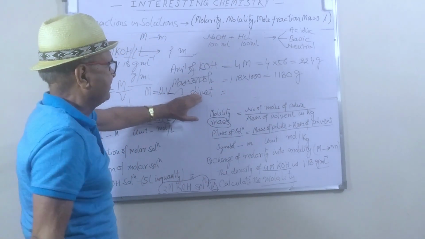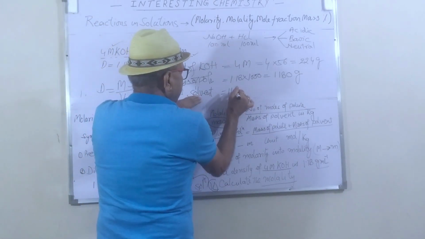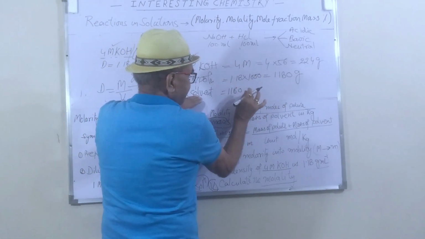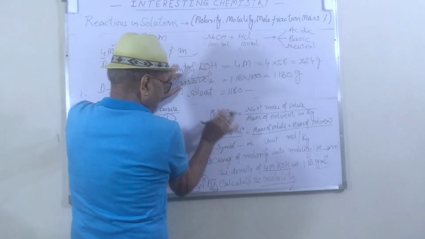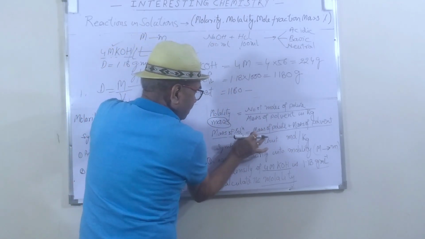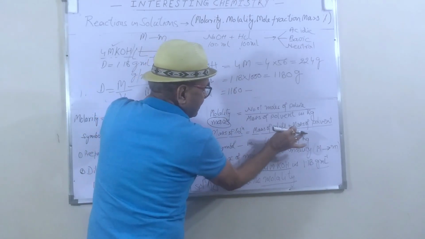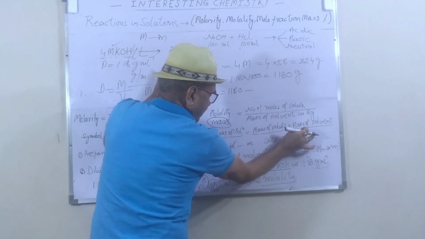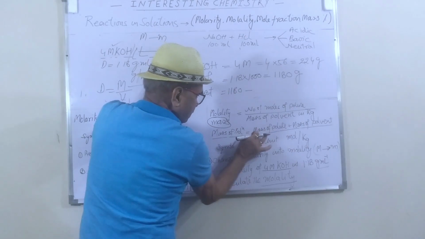Mass of solvent will be 1180 minus... This is the total mass of the solution. You want to know the mass of the solvent. Mass of the solvent will be mass of the solution minus mass of the solute.